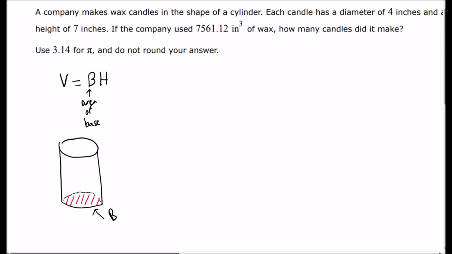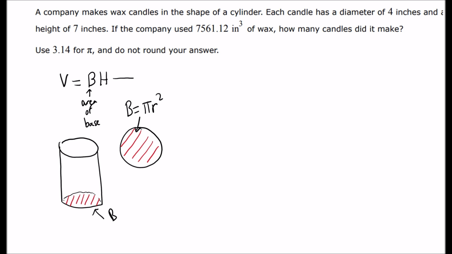So let's draw out the circle. This is going to be my base. According to the formula sheet, the area of a circle is pi times radius squared. And so therefore the formula for the volume of a cylinder is pi r squared h.